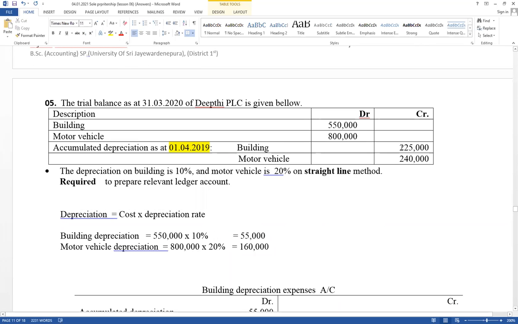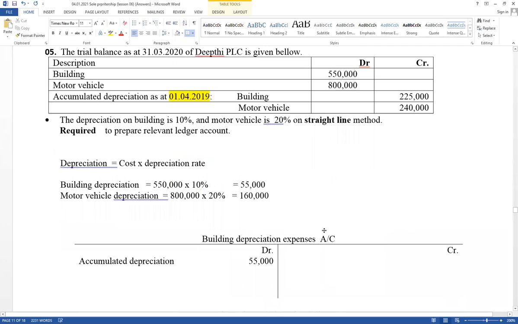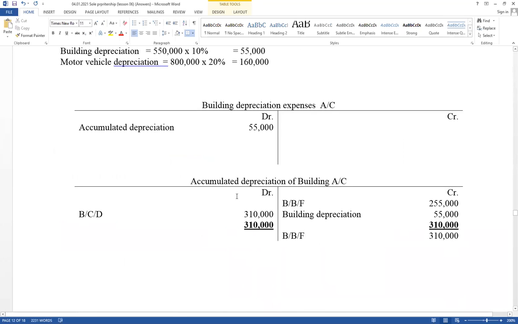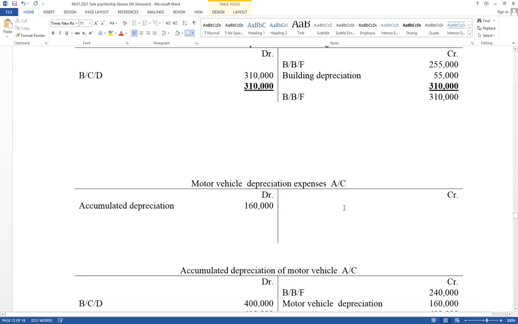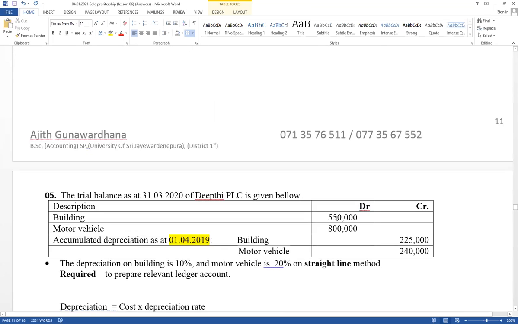This is the opening balance, and the closing balance is calculated. The accumulated depreciation account balances are available: building 310,000 as well as motor vehicle 400,000. Cost values are 550,000 and 800,000.